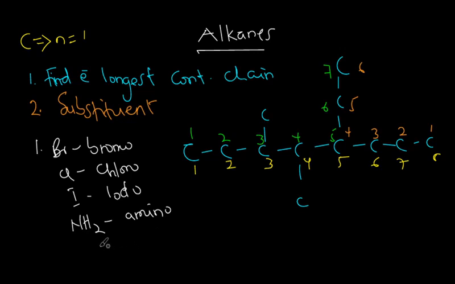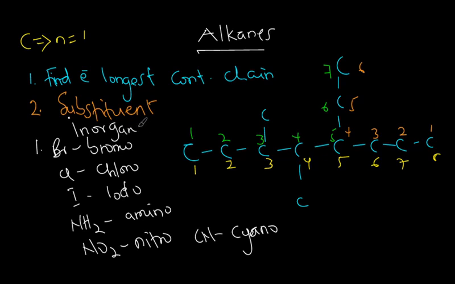This is the amino group. And then we also have NO2, which is the nitro group. We also have the CN group, which is the cyano group. So these are all inorganic substituents.